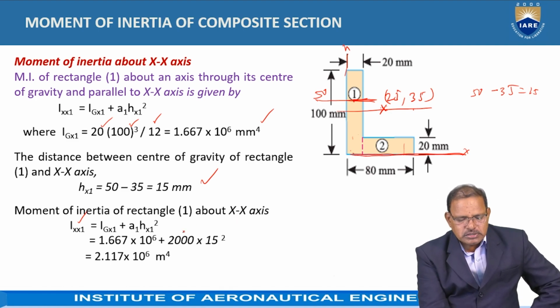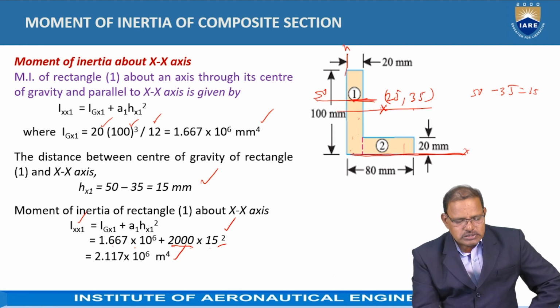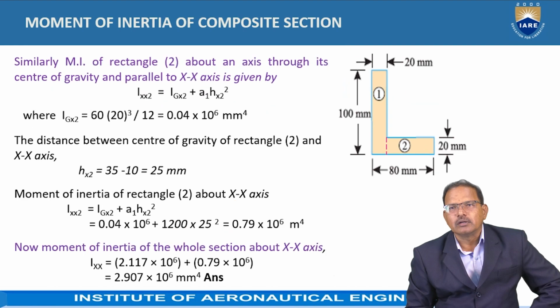Igx1 we already determined as 1.667. The area of the rectangle we already determined as 2000, into 15 squared, since the distance between them is 15. This value is equal to 2.117 into 10 to the power of 6 mm to the power of 4.